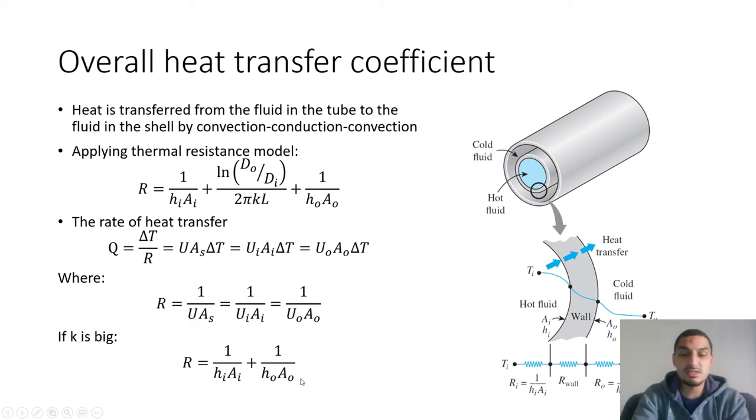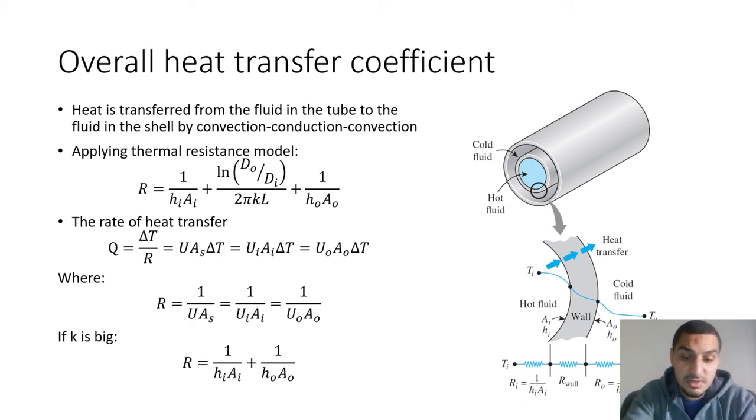So it's a function of the heat transfer coefficient in the tubes and in the shell. To calculate the heat transfer coefficient, it's a convection heat transfer matter. The heat transfer coefficient is a function of Reynolds number and Prandtl number. So from the relation between Nusselt number, Reynolds number and Prandtl number, we can calculate the Nusselt number, and from the Nusselt number we can calculate the heat transfer coefficient.